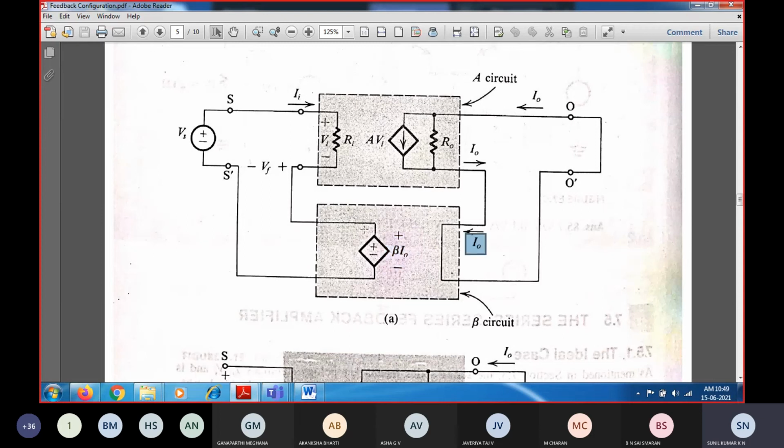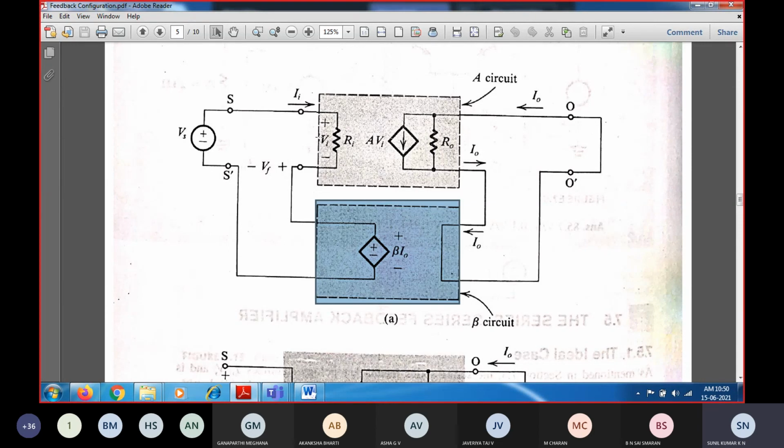For the amplifier, the input is voltage and the output is current. For the feedback network, the input is current and the output is voltage. So you can say that A and beta are reciprocal, and A into beta makes the loop gain a dimensionless quantity. Why dimensionless?